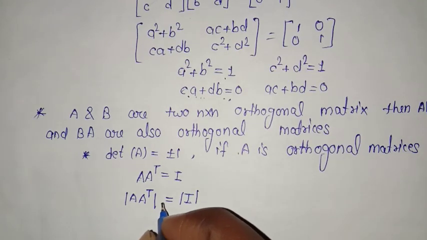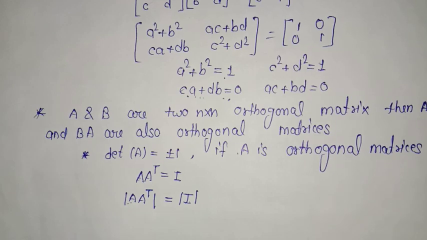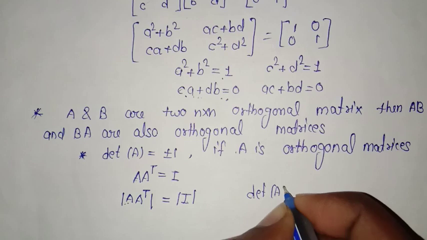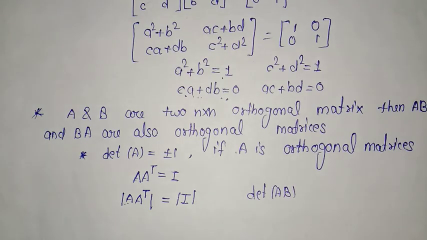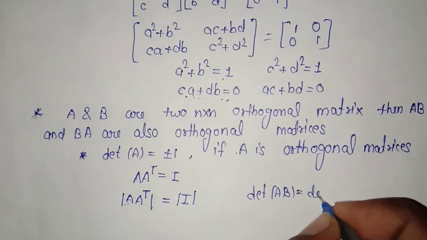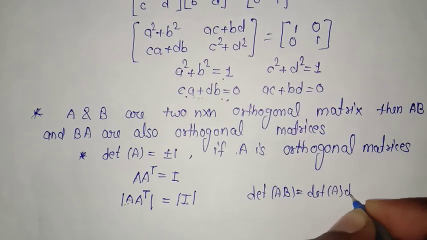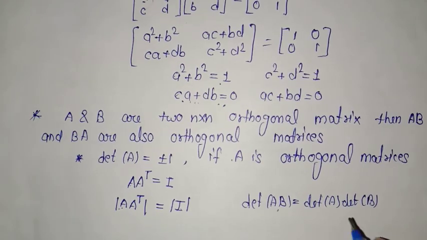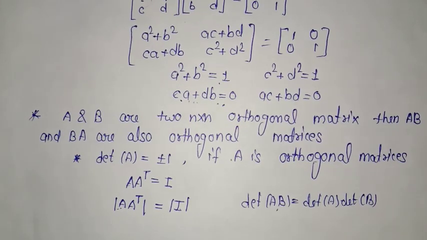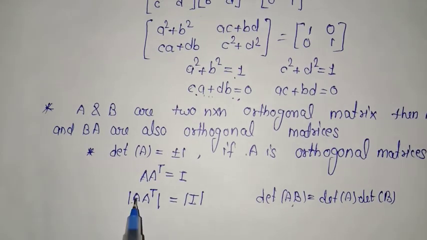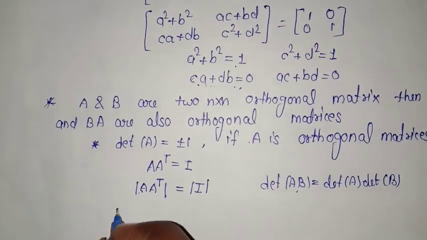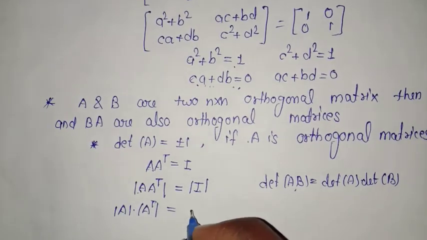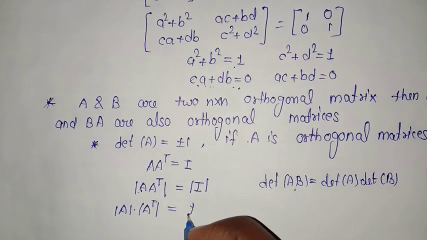If A and B are two matrices of the same order, then we can write the determinant of AB as determinant of A into determinant of B. This is true only when A and B are of the same order. So A and A transpose are of the same order, so we can write it as determinant of A into determinant of A transpose, and that is equal to determinant of identity, and that is 1.